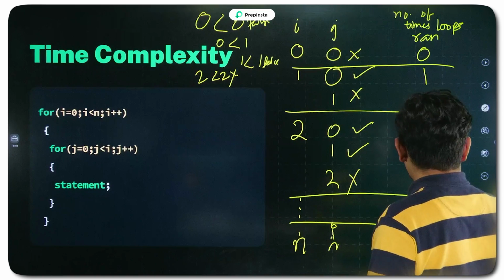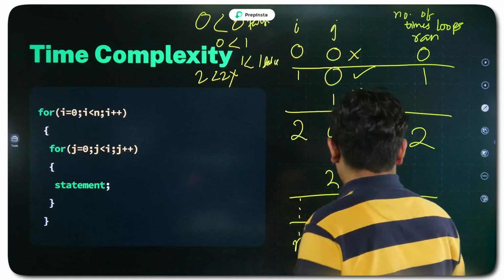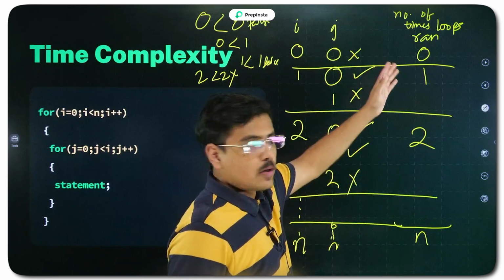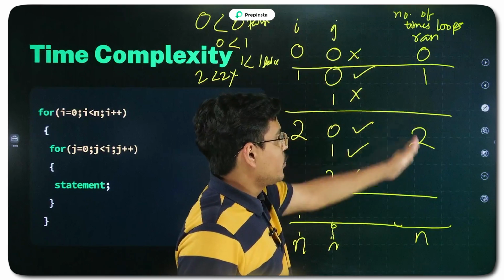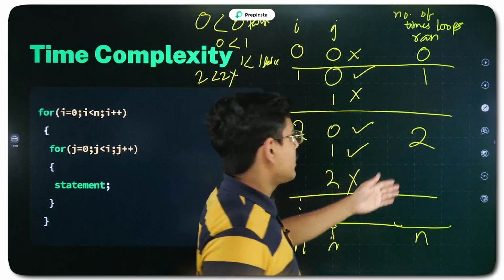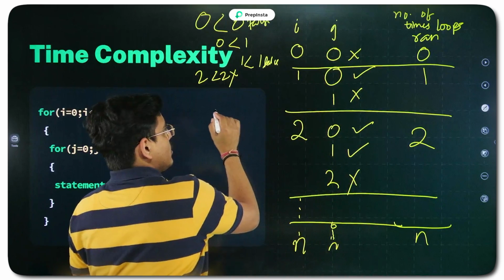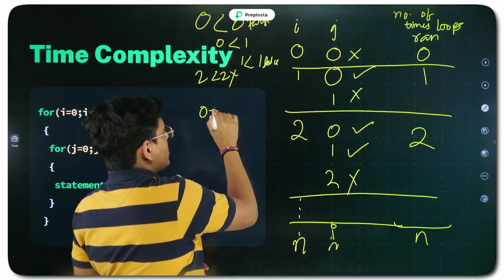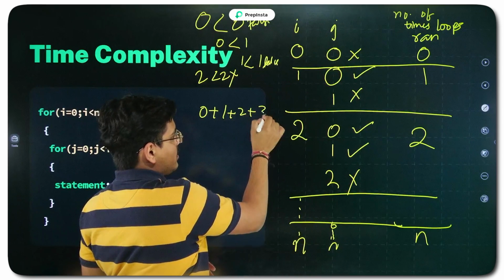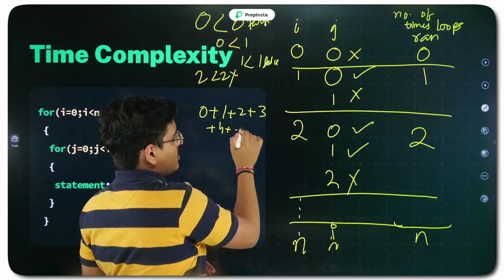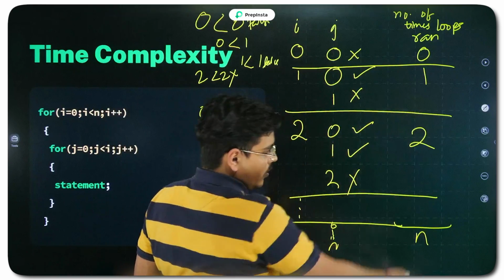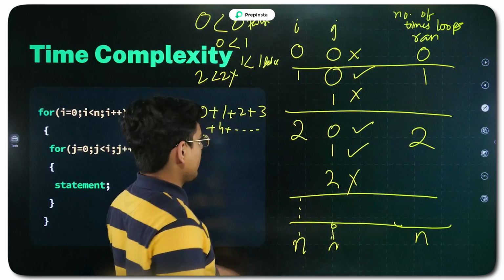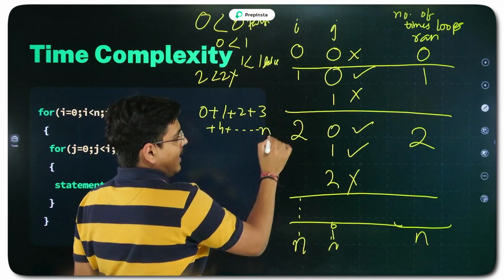And the number of loops will run for n times. Now when you add these numbers, because this is the final computation which we have to do to get the time complexity, what we do is 0, which basically means nothing, plus 1 plus 2 plus 3 plus 4 plus, and because this will continue in the same fashion, 1, 2, 3, 4 for every iteration here. So it will go till n.